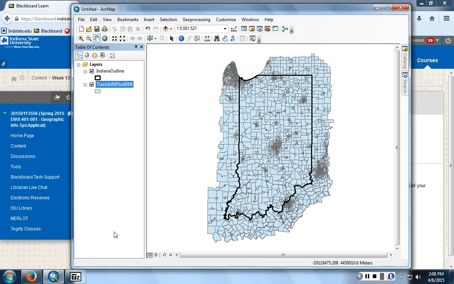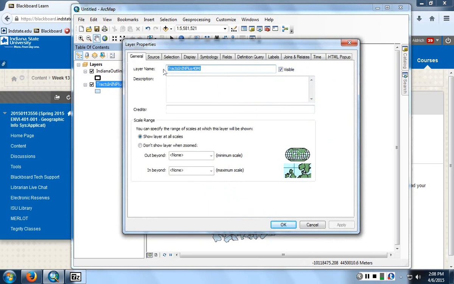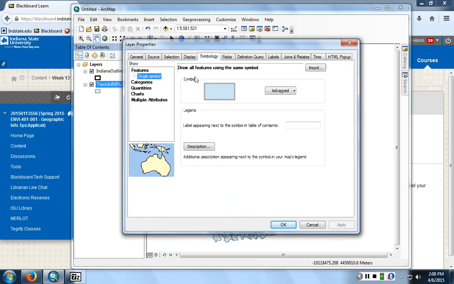So we have these data, and the first step in exploring patterns might be to make an overview map of, let's say, the number of workers in a certain industry.